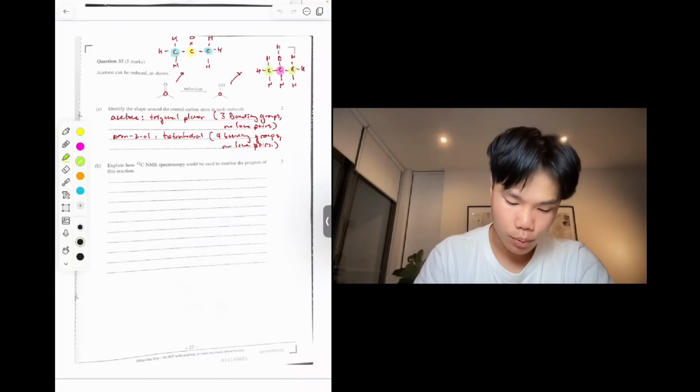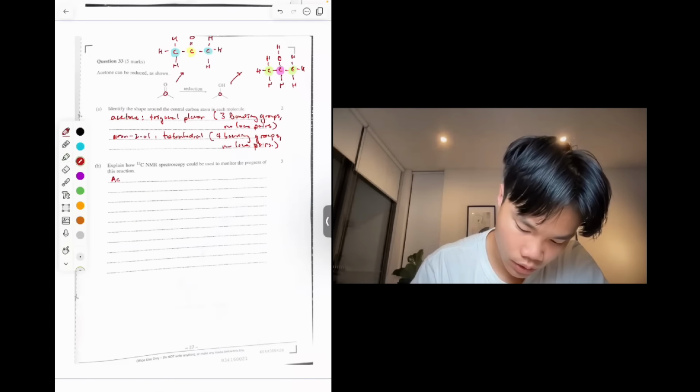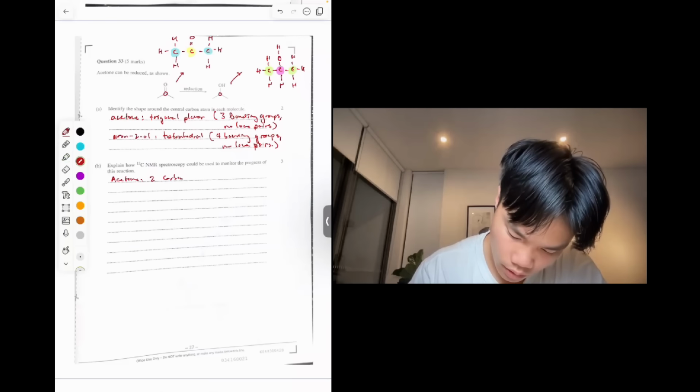So basically putting that into words, you would say that acetone has two carbon regions.